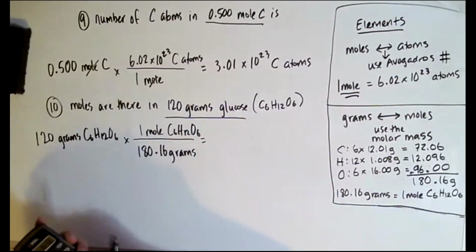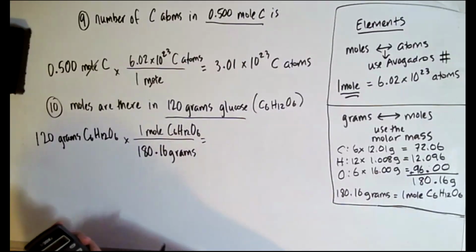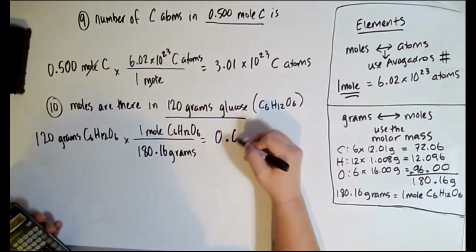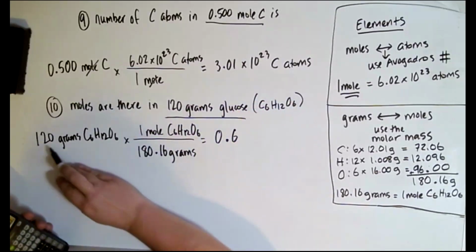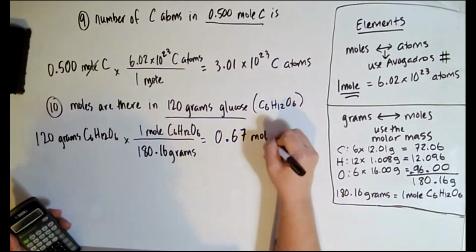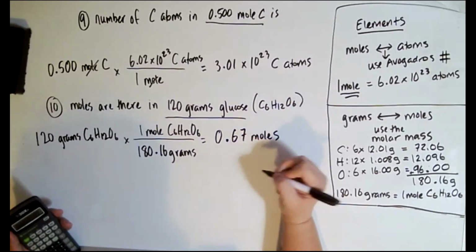Okay. And when I do my division, I'll round it to 2 significant figures here. And I'm going to get 0.67 moles of glucose.